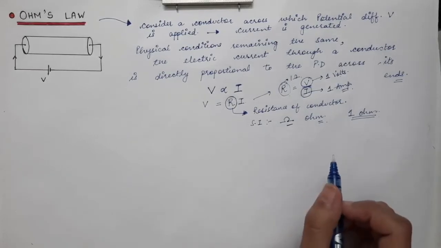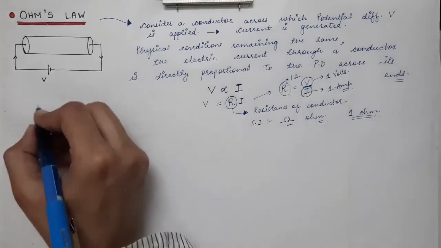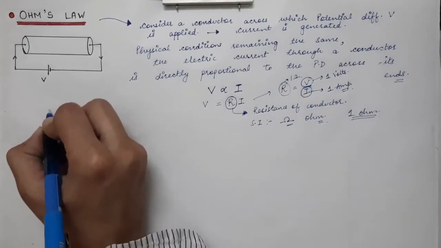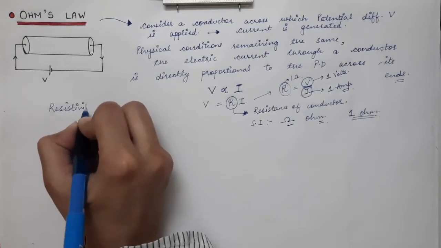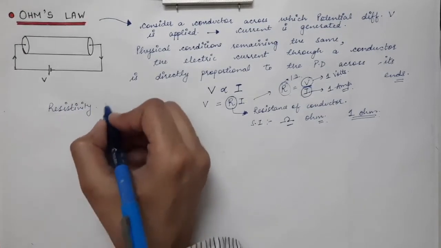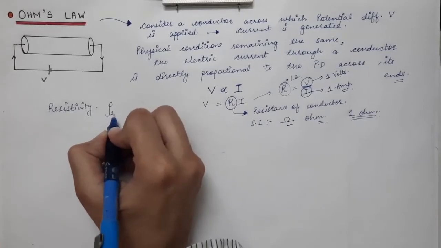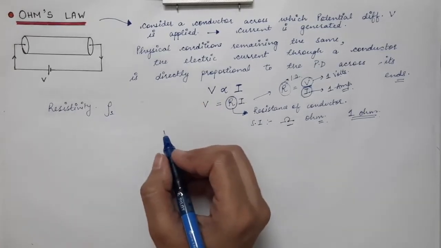And then we have the term resistivity, or specific resistance. Resistivity is denoted by rho, or simply rho in some books.